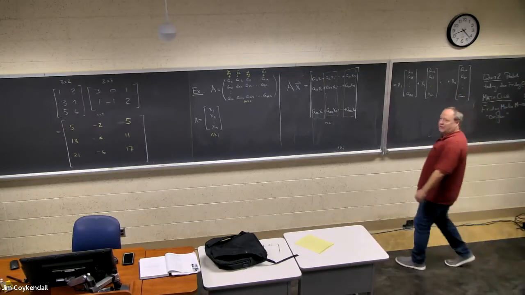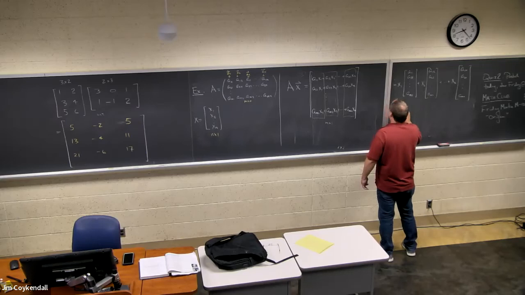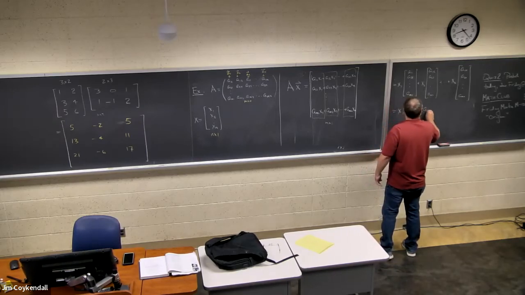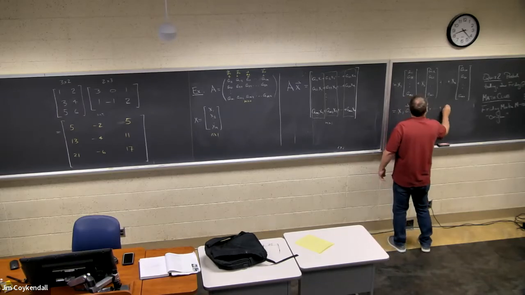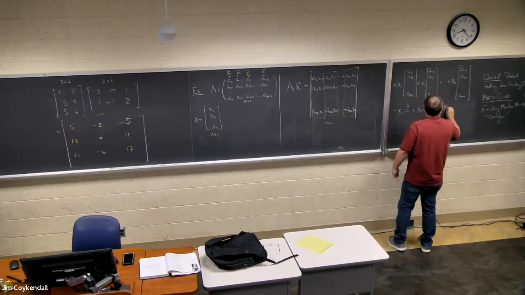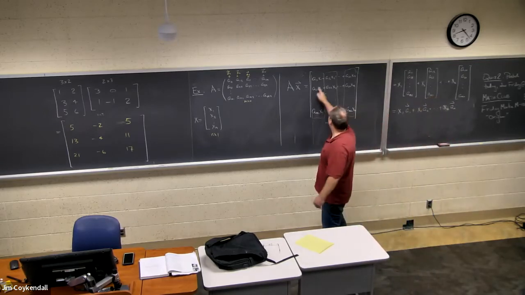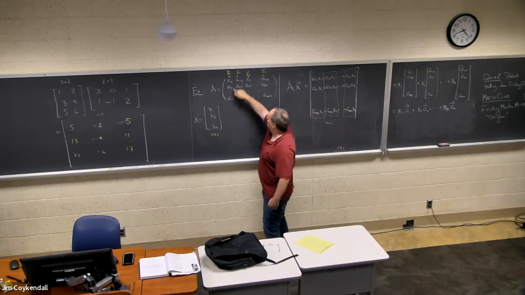So basically, it's exactly what your book said. It's X1 A1 hat plus X2 A2 hat, where the A's with the hats on them just represent these column vectors from the matrix.